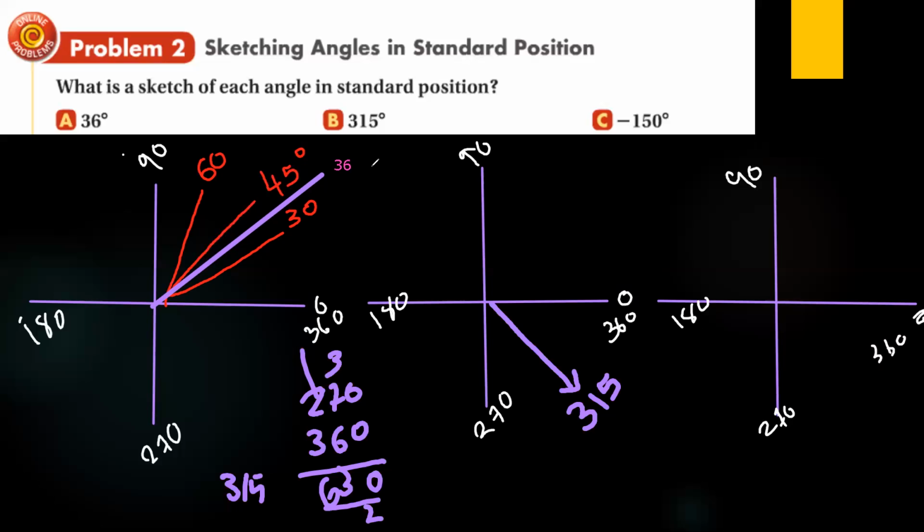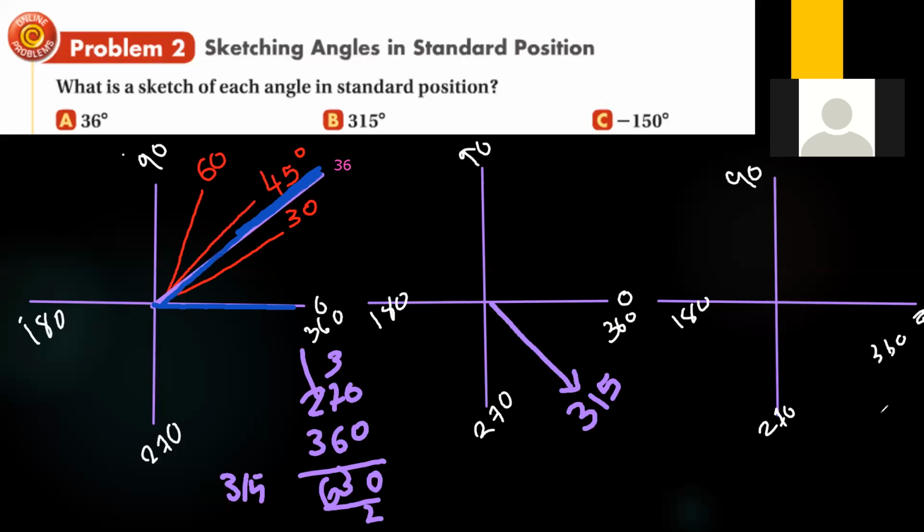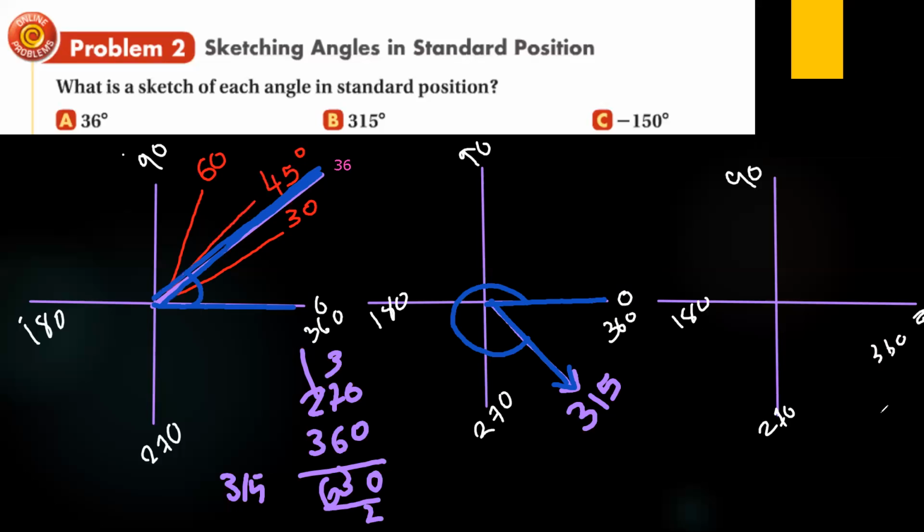So I need to draw 315. The angle will be 360 minus 45. From this initial side, you have to start up to this point here, and you have to go in this way. This is how to draw 315.